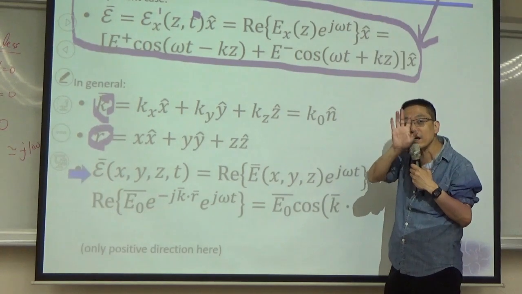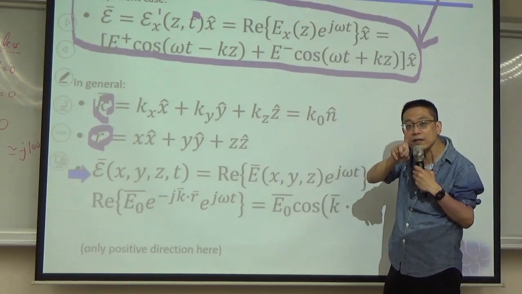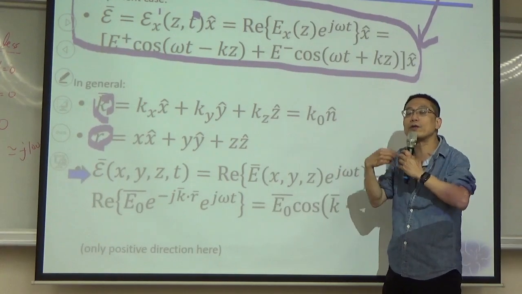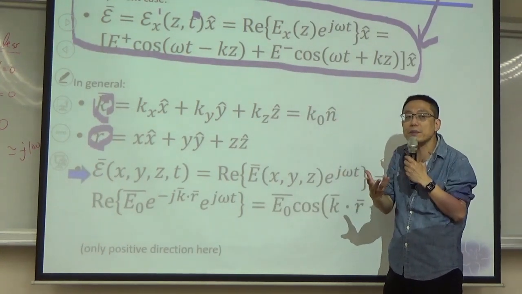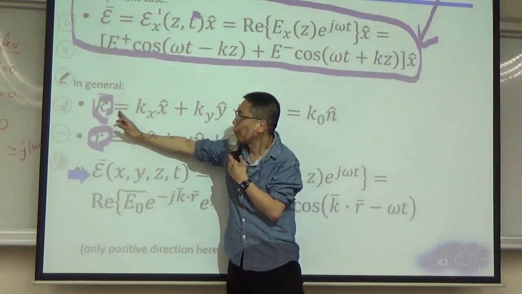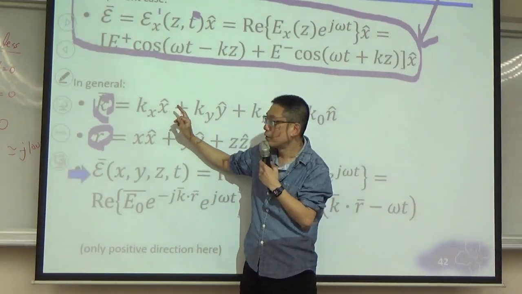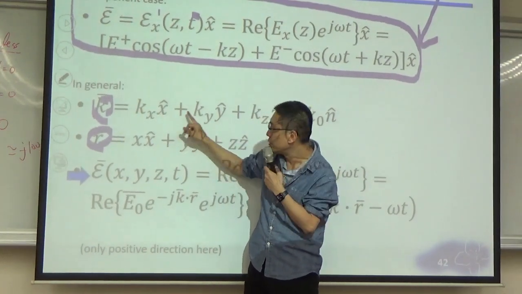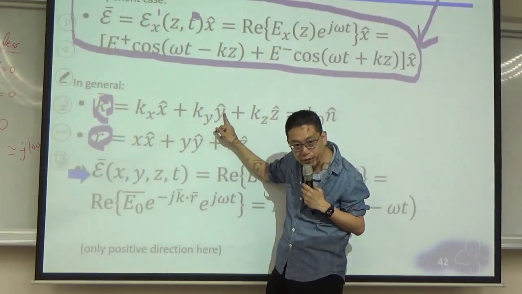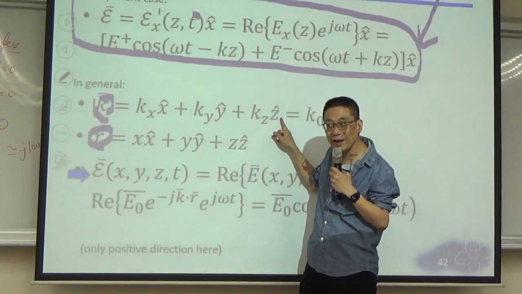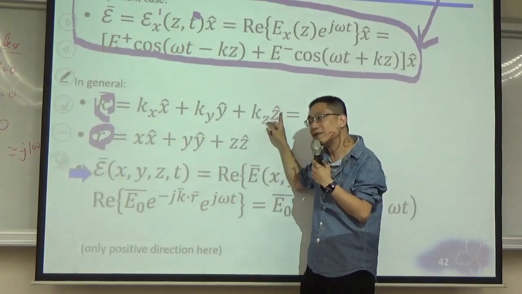Now it's not only x, and not only just x, y, z. We try to consider all the possibilities. So our K will become your K in the x direction, your K in the y direction, and your K in the z direction. Yeah, it's true. It's complex.